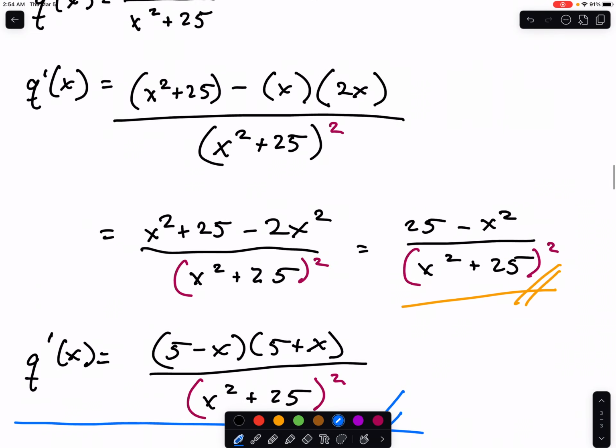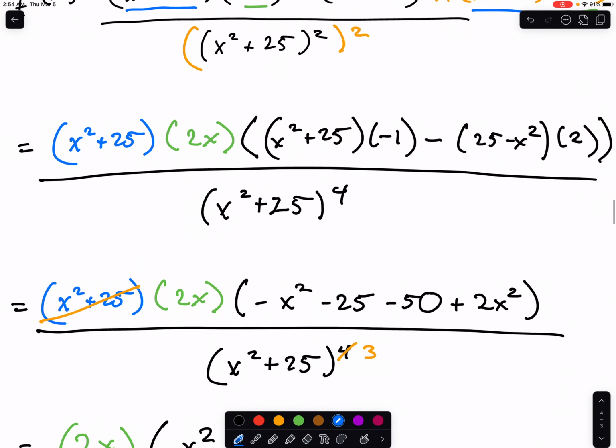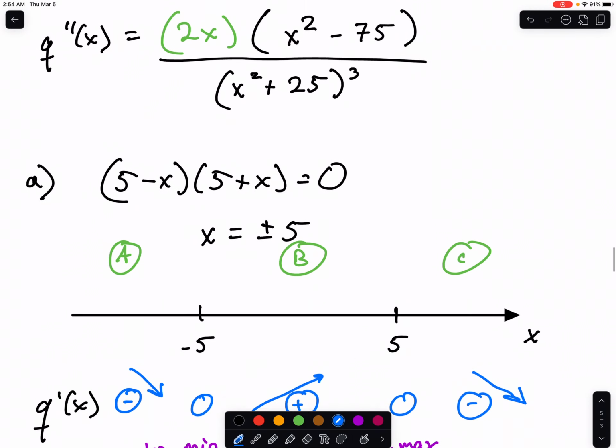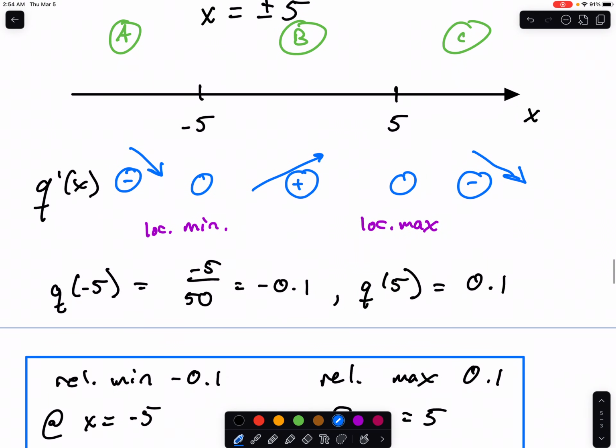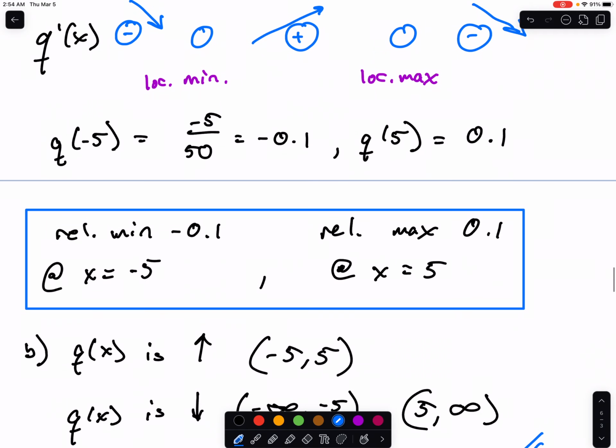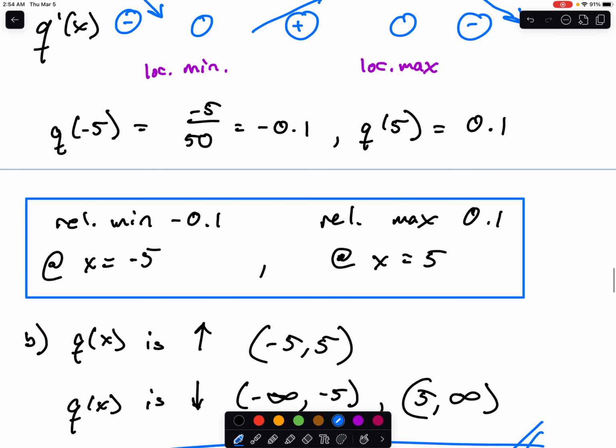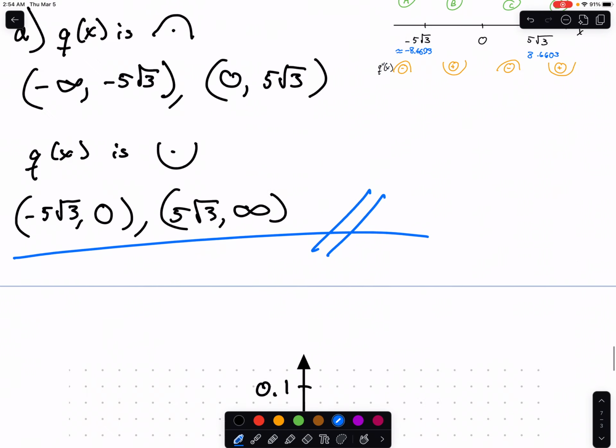Let me see. So now from part A. Okay, so we had a relative minimum value of negative 0.1 when x is negative 5. So negative 0.1 at negative 5 and 0.1 at 5. So negative 5 comma negative 0.1.